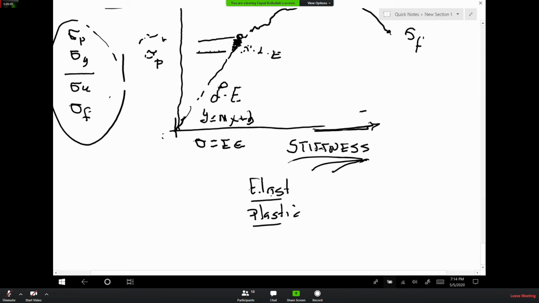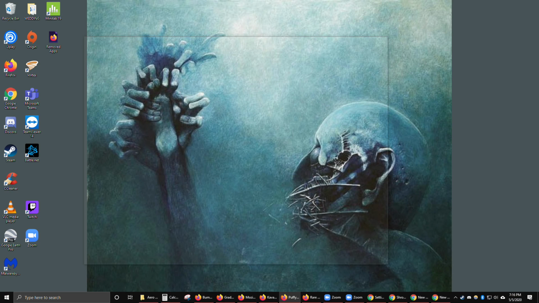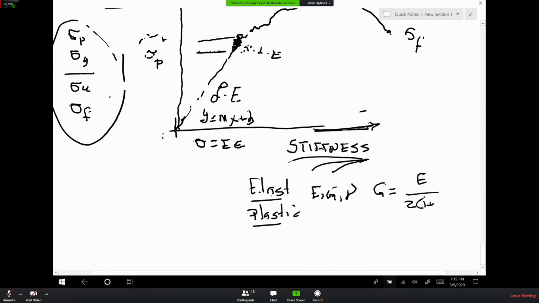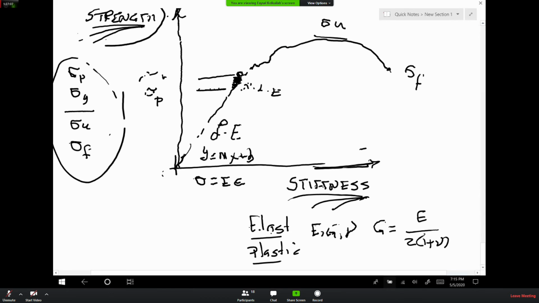If we are elastic, we have E, we have G, we have Poisson's ratio, and then we have G equal E over 2(1 plus nu). But in the plastic, which is after sigma yield, right here, there's plastic, and here is elastic.